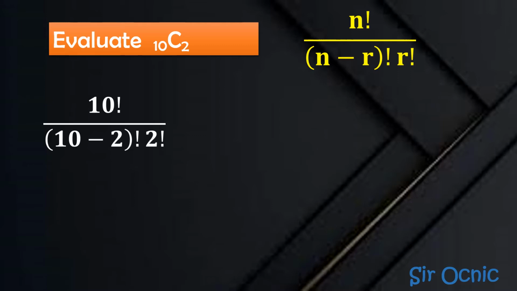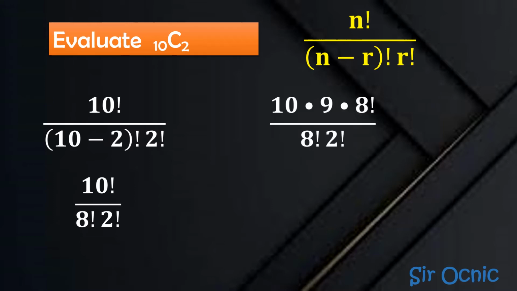Let us evaluate combination of 10 taken 2 at a time. Using the formula for combination where n is equal to 10 and r is equal to 2, we will have 10 factorial all over quantity 10 minus 2 factorial times 2 factorial. Simplifying the operation inside the parentheses, we will then have 10 factorial all over 8 factorial times 2 factorial.